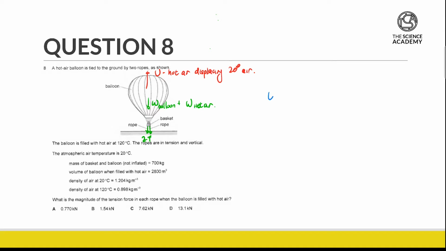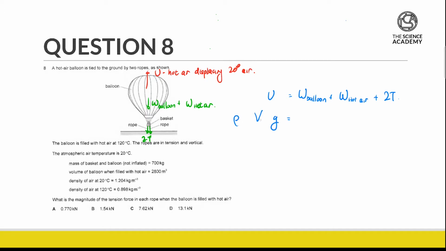We have the upthrust equal to the weight of the balloon plus the weight of the hot air plus the tensions in the ropes. The upthrust is equal to rho Vg.